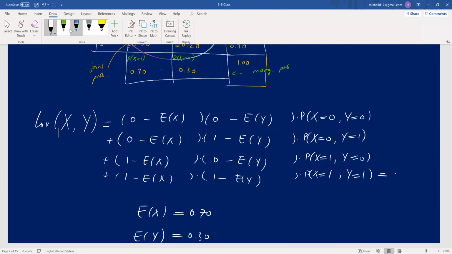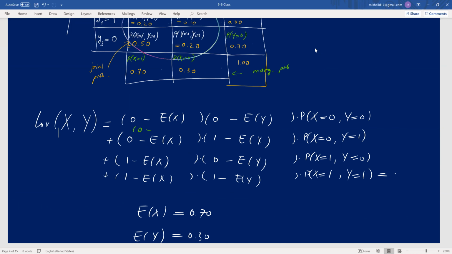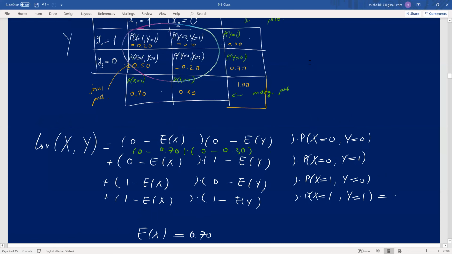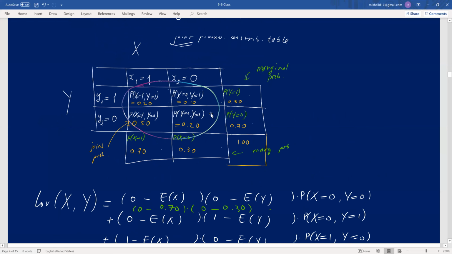Instead of these expressions, I will have 0 minus expectation of x, which is 0.70, times 0 minus expectation of y, 0.30, times the probability that x equals 0, y equals 0, that's 0.20.